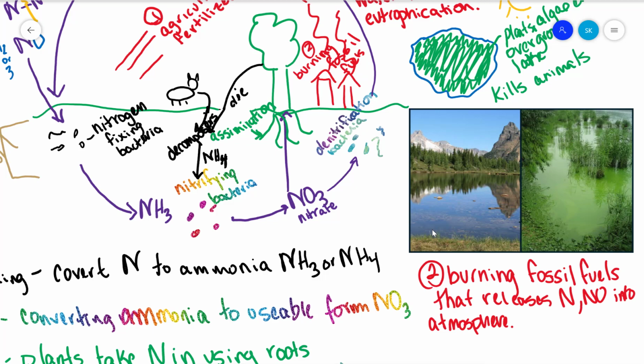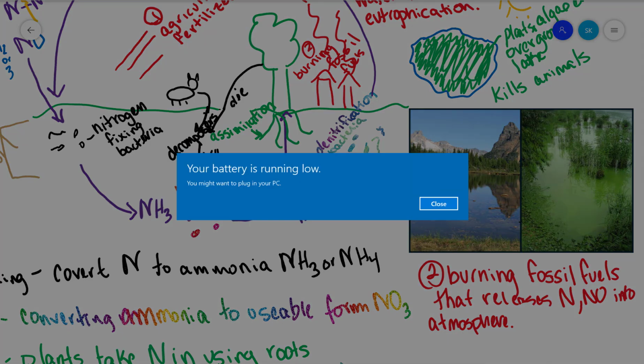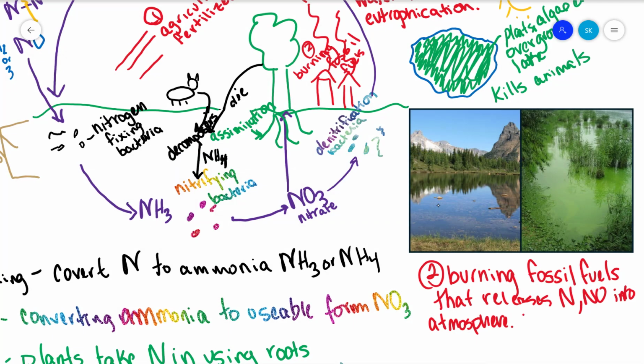And let's not say it creates global warming, since it's not the only problem, but it increases global warming. All right, so that is the nitrogen cycle.